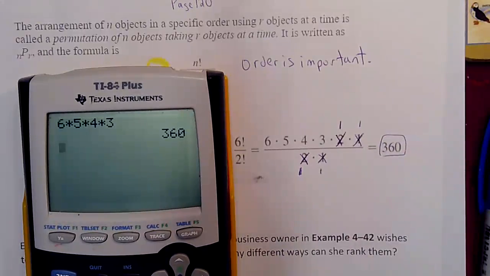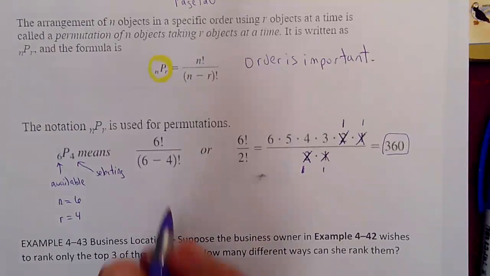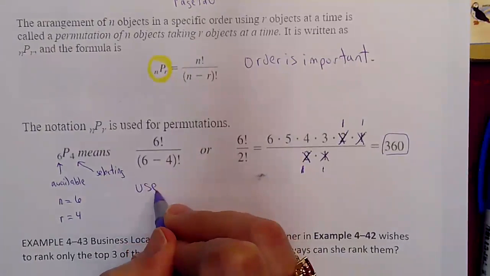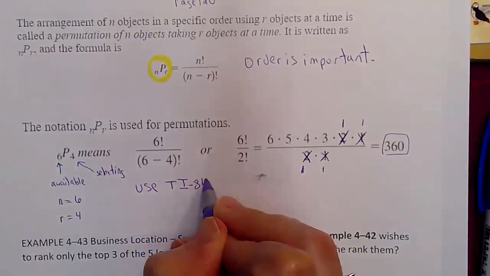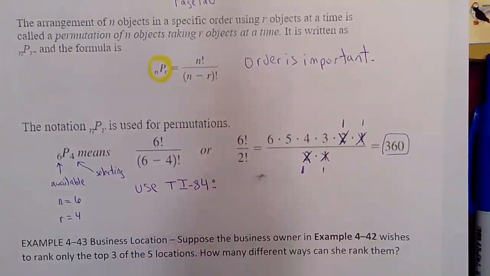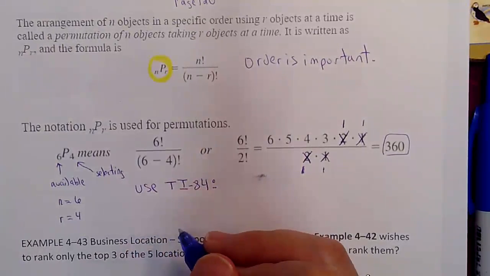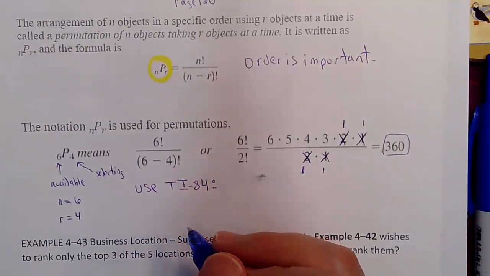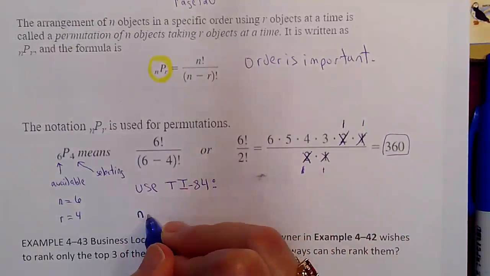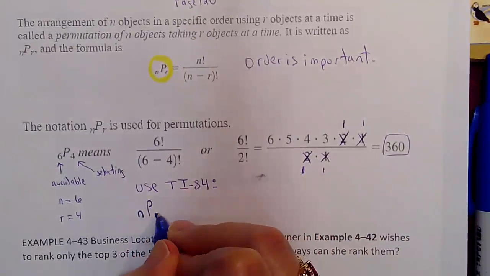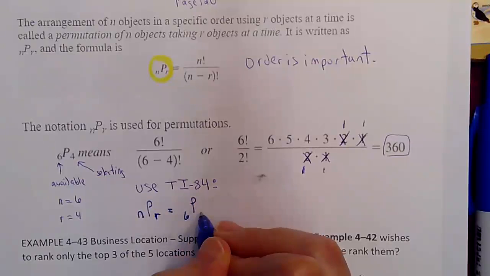Now, when we use the calculator, a TI-84, so okay, let me write the formula. nPr, 6P4.